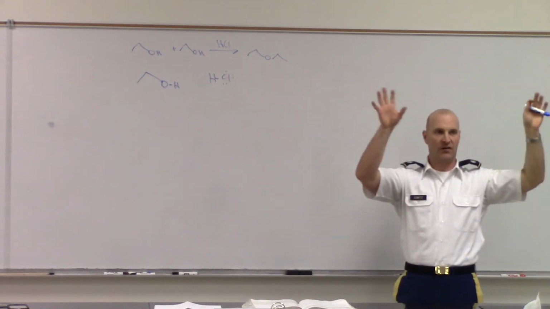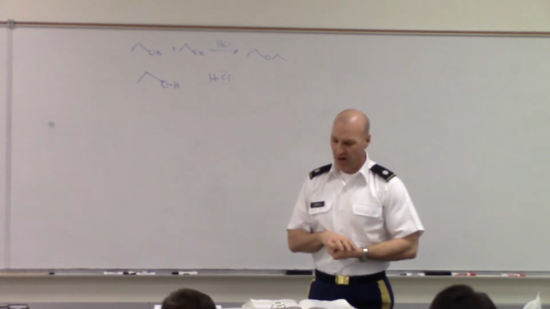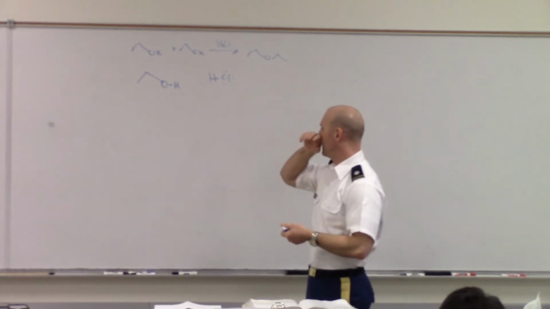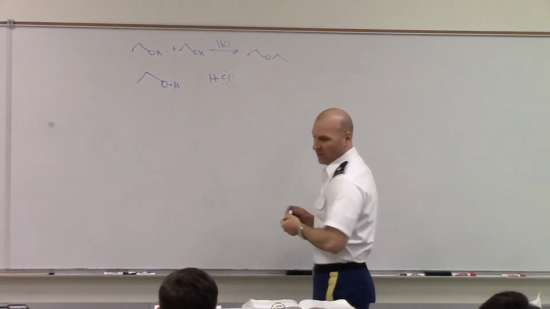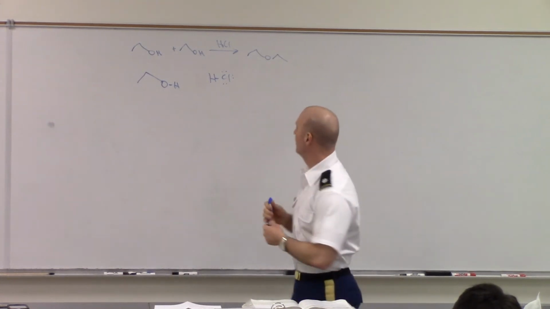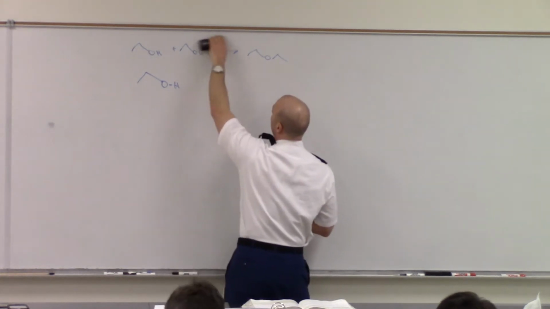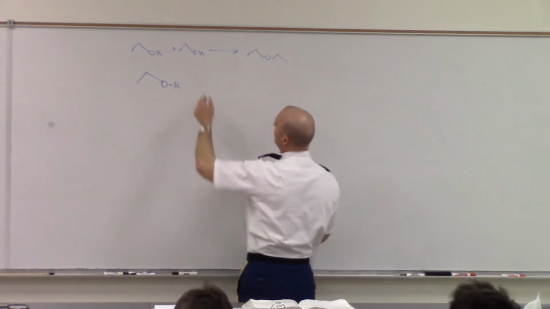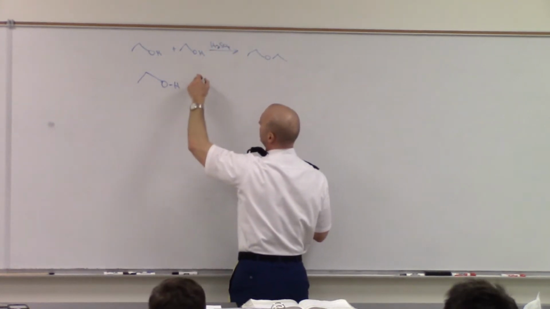That's the overall reaction. Let me go through the reaction, then we'll talk about the limitations. Actually, it's better to use something like sulfuric acid, so let me change the acid, because when we have the chlorine there, we have the chance of doing the substitution as well. So let's say sulfuric acid.